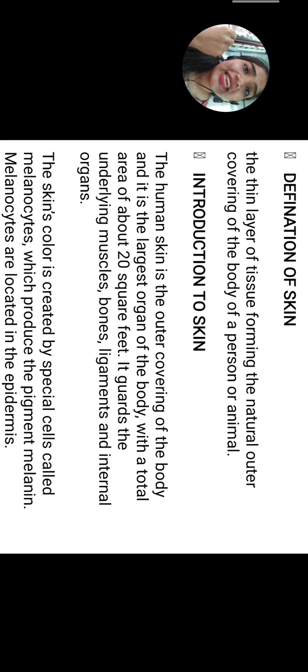All the underlying organs, all the underlying bones, all the underlying muscles and the tissues which are present in the body are protected by the layer of the skin. That's why skin is the most important, vital and the largest organ of the body. Around 20 square feet of the body is covered with skin, and hence we say that skin is the largest organ of the body.